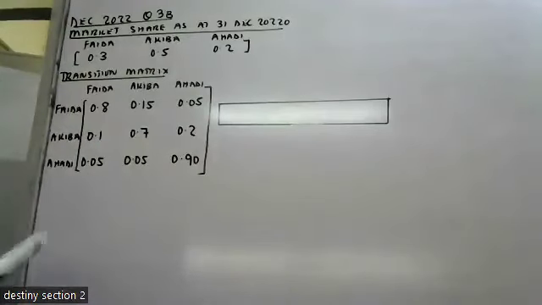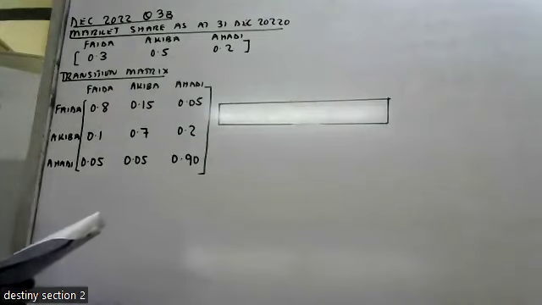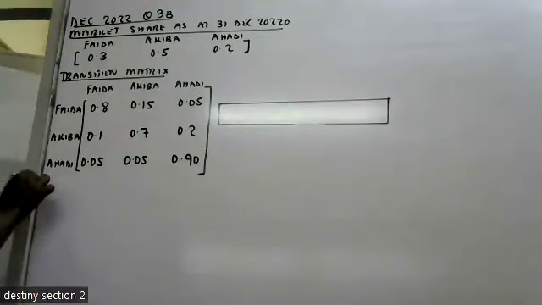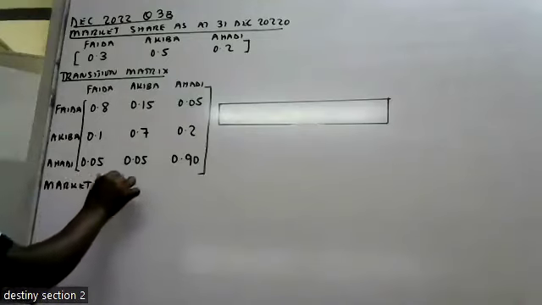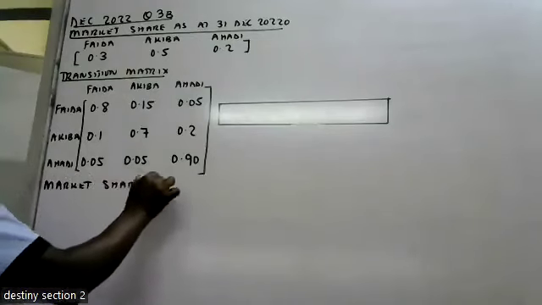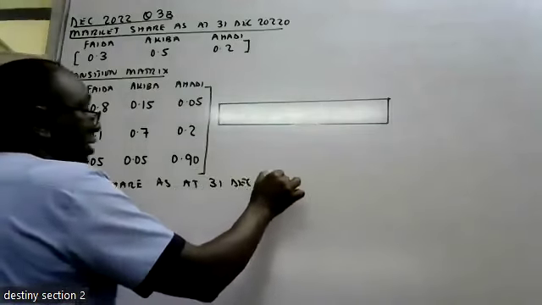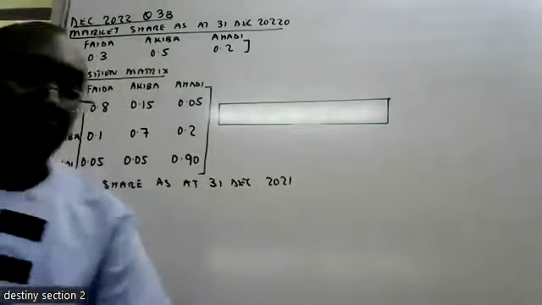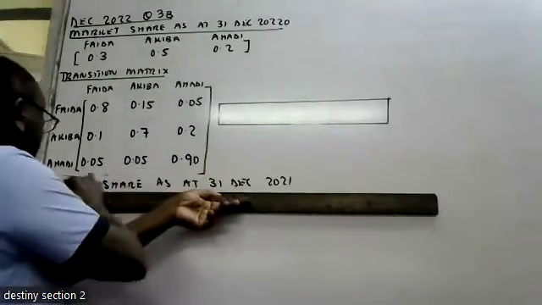So if that is the transition matrix, when you are told to get the market share as at the 1st of December 2021, what you need to do is what you have been saying.